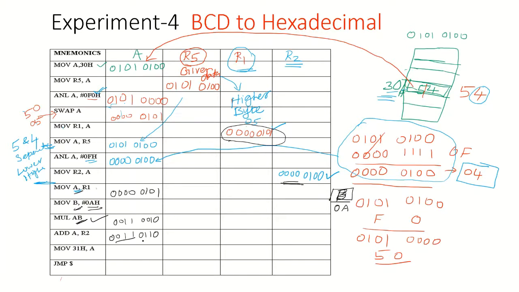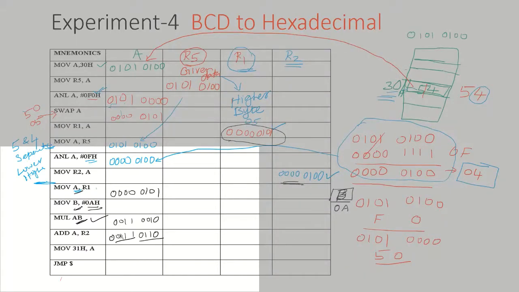So this is 3 and this is 6, and that will be stored again in the accumulator. The result of converting BCD number 54 into hexadecimal is now in the accumulator.